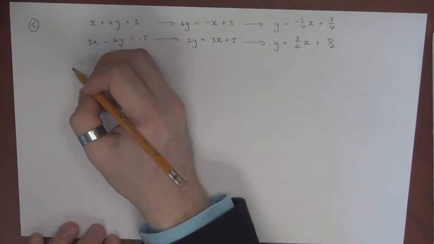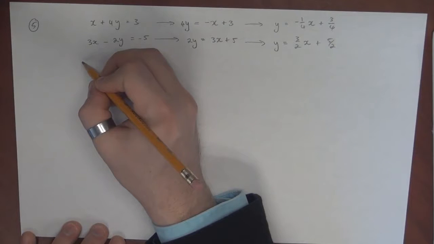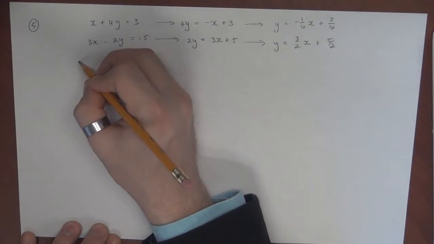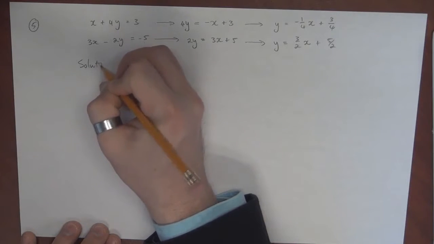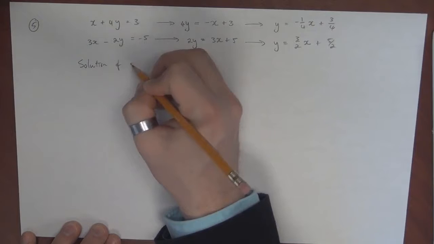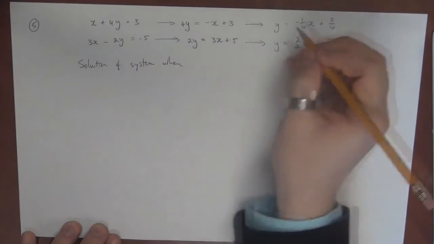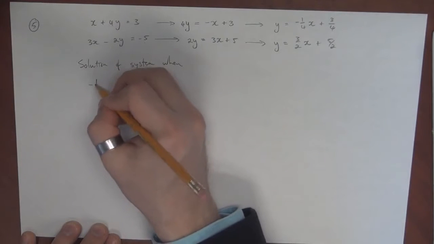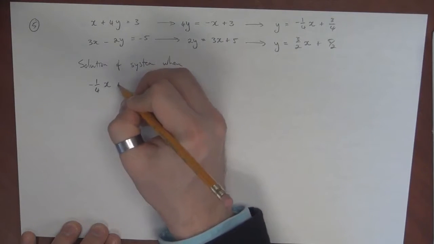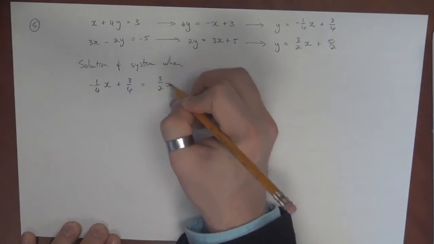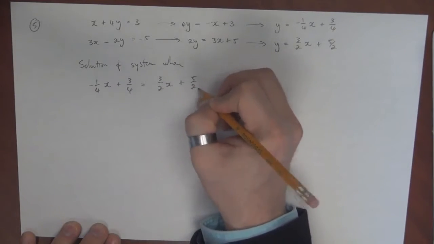So now the solution is, I set them equal to each other. So let's say here's the solution of my system. When I set these two equal to each other, I get negative 1 over 4 x plus 3 over 4 equals 3 over 2 x plus 5 over 2.